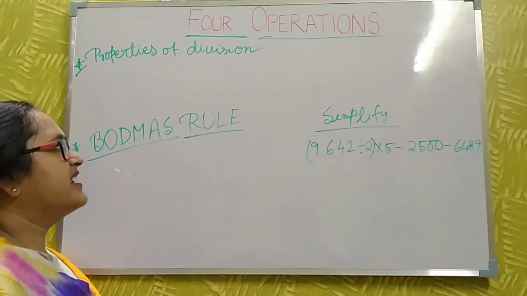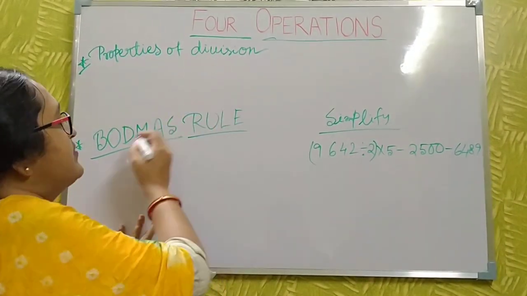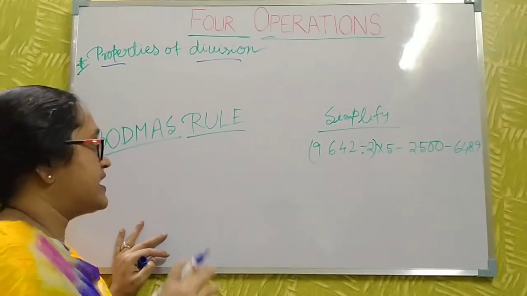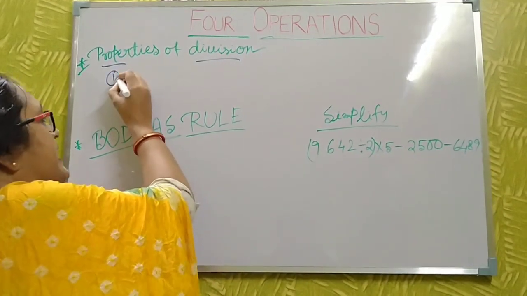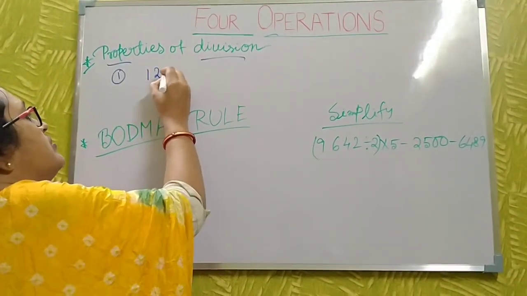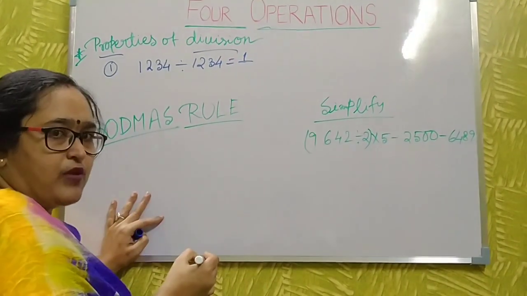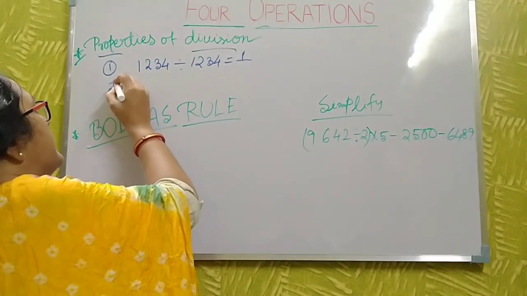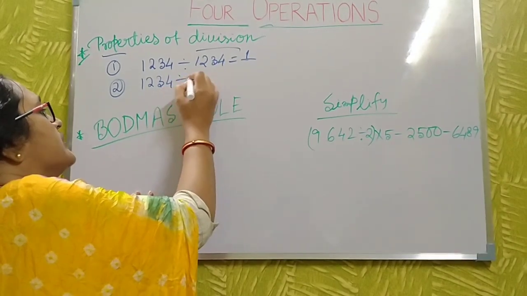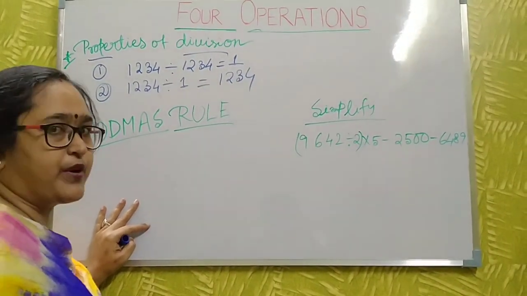Okay. Now I discuss the properties of division and the Bodmas rule also. What are the properties of division? Just remember this. First, if you divide any number by the same number, the result becomes 1. The second property: if you divide by 1, the number remains the same.